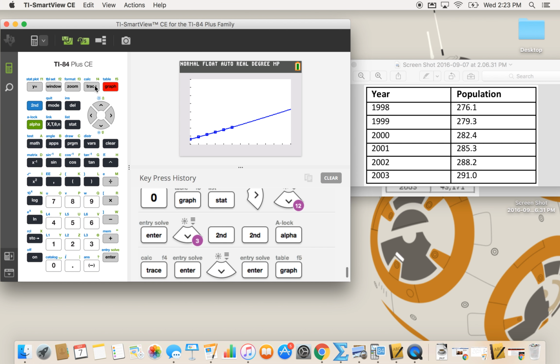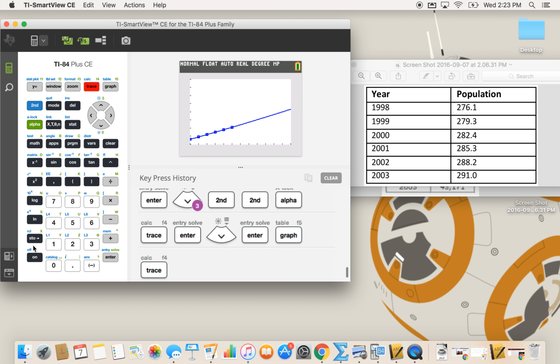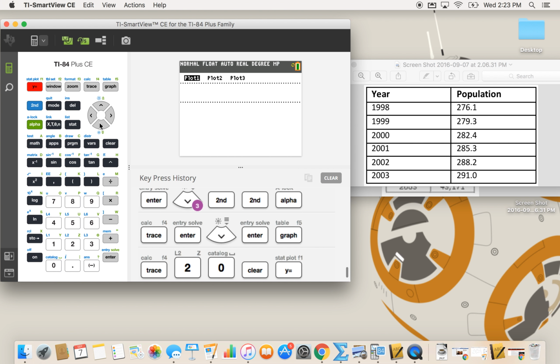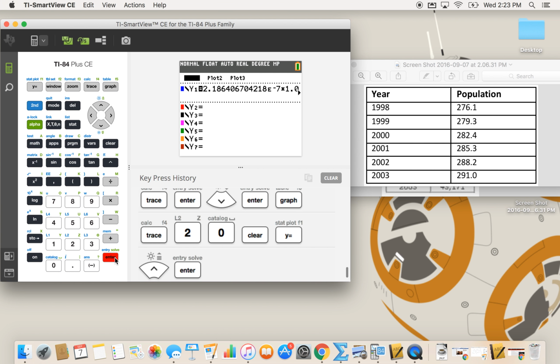Now if I want to work with this, if I try right away to trace 2010, you see it brings me out. That's because I can't work with this function when my scatter plot's turned on. So you might not even want to turn it on, but I just wanted to show you how it looks.